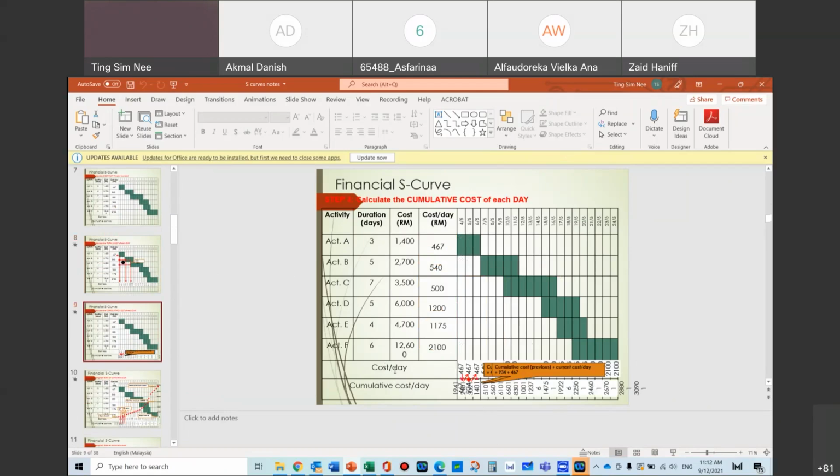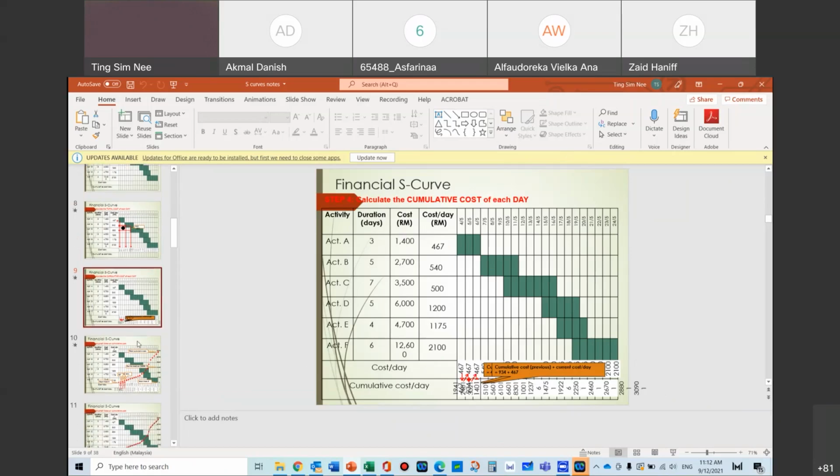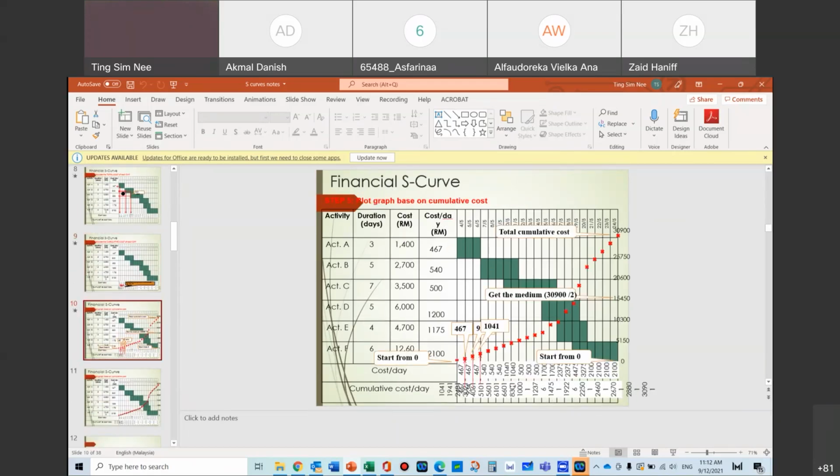Then you do your cumulative: this down plus this down, the total plus this down, so that you cumulate it. Then you draw your Excel curve, and that is what we call the S curve. This is what we call a financial S curve.